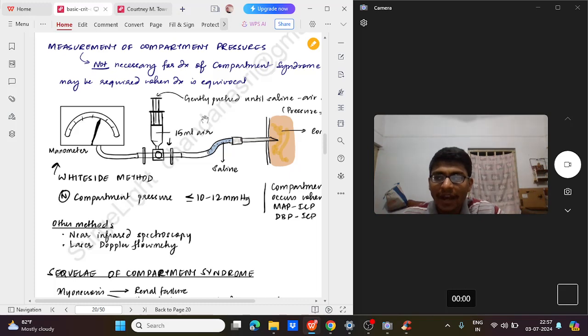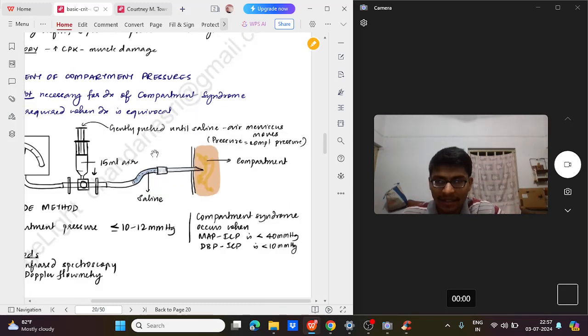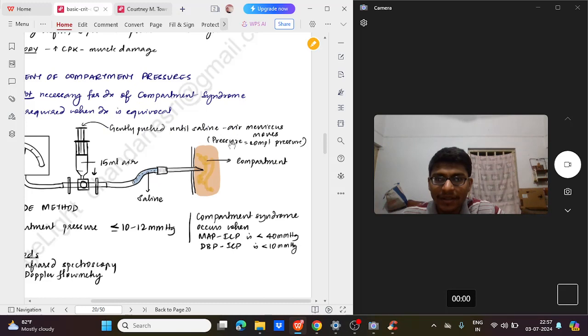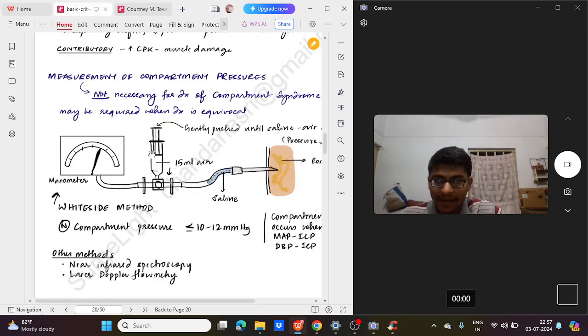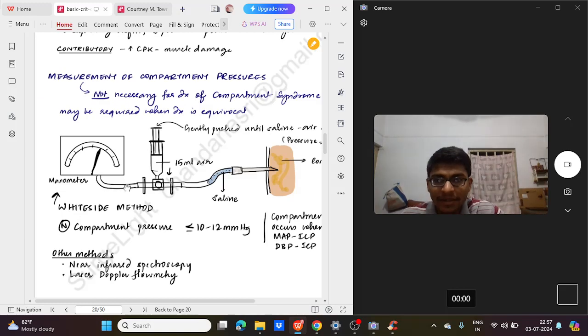Here we have a few methods. This is the Whiteside method, where we have a manometer connected to the compartment with the help of saline and a syringe, with connection of saline, air and a circuit. We will connect the needle with saline, and there will be an air chamber which will be connected to the manometer. So this is the Whiteside method.